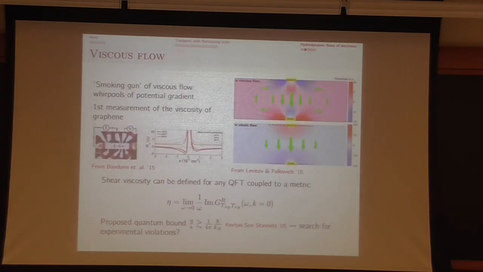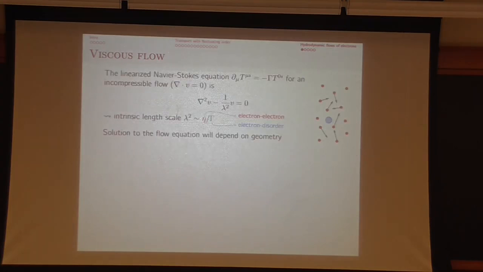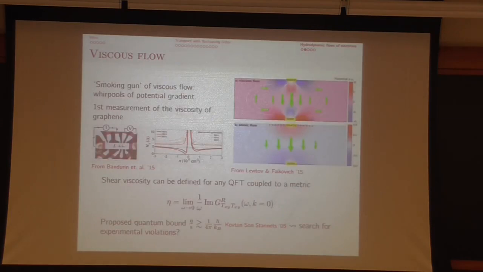This idea was taken to another level by Delacrétaz and Falkovich, who also try to utilize geometry, but they want something much more qualitative, an effect of the viscosity, not just a width dependence, but rather something that only a viscosity could do. So what they imagined is they have their sample, and they impose boundary conditions for the current, where you inject the current in a point-like source and drain it in a point-like drain.